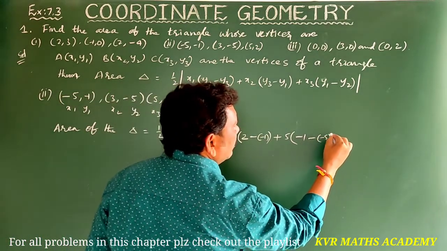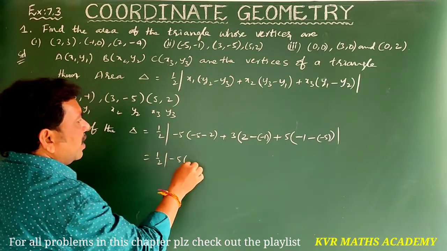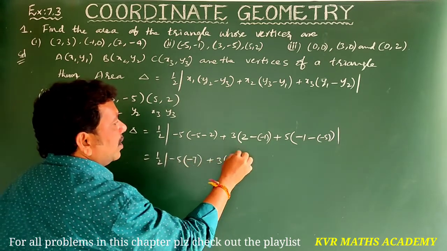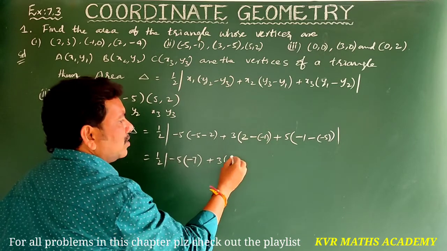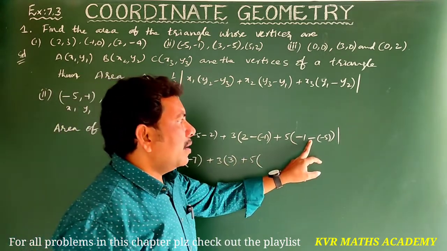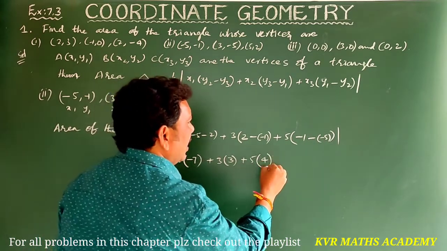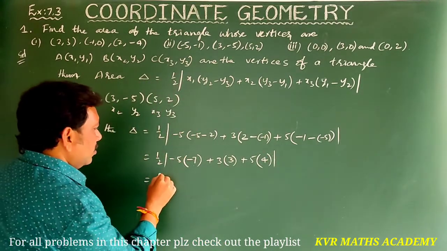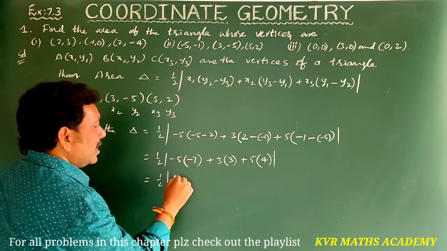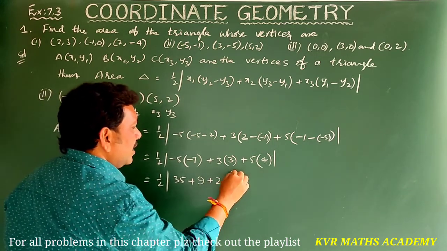So that is equal to half modulus of minus 5 into minus 5 minus 2, which is minus 7, plus 3 into 2 plus 1, which is 3, plus 5 into minus 1 plus 5, which is 4. That is half modulus of minus into minus is plus, 5 sevens are 35, plus 3 threes are 9, plus 5 fours are 20.